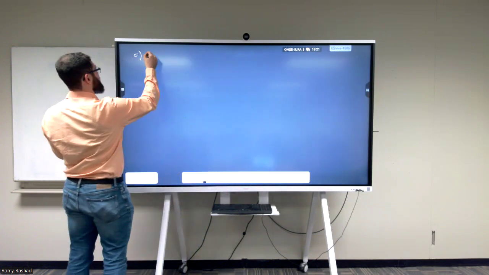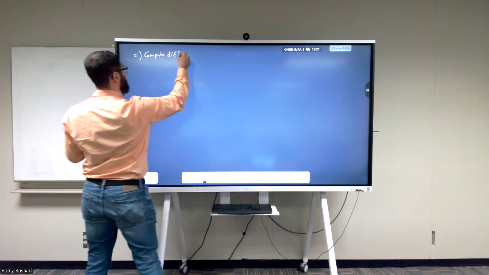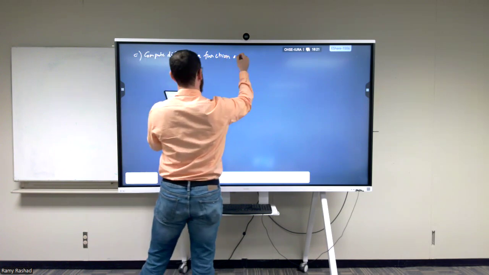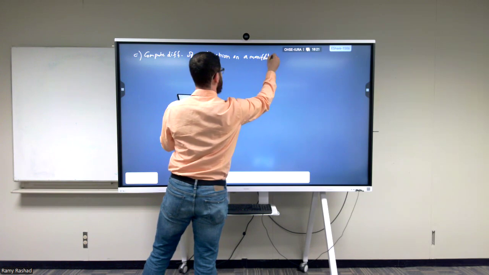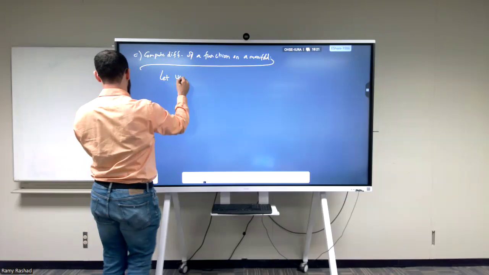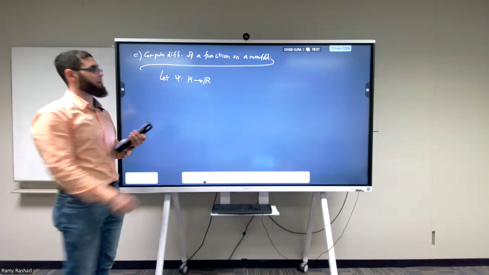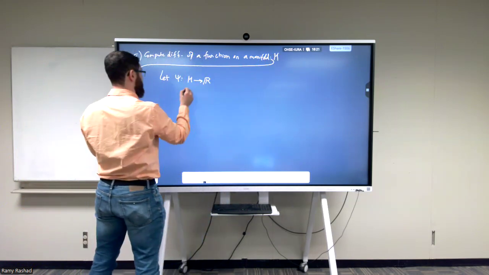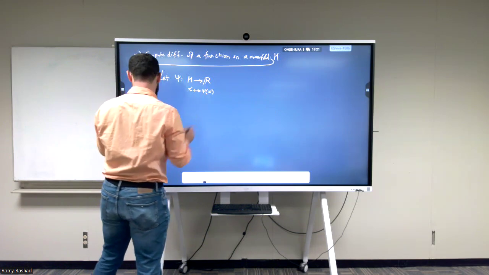So the third point is how do you compute the differential of a function on a manifold. So let psi be something that goes from M to R. The manifold we're interested in is M, and it will take x and spit out a real number psi of x.